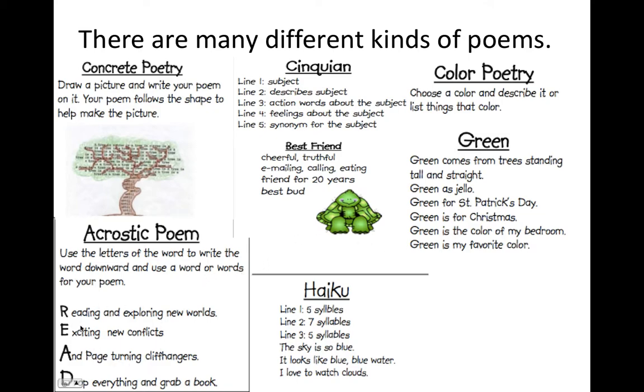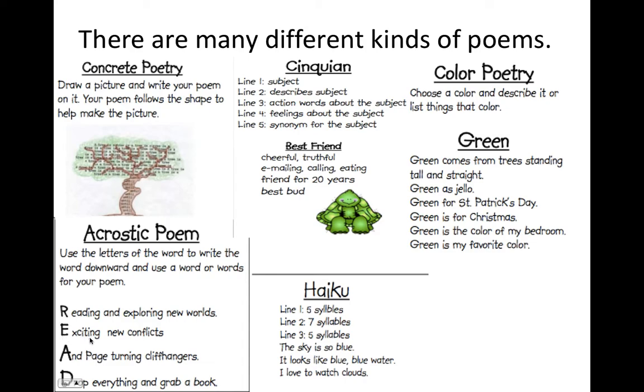An acrostic poem you might be familiar with, because for this kind of poem, you write a word that goes this way, like this one says read. And then for each letter, you have to start a word that begins with that letter. So for example, R is for reading, so we said reading and exploring new worlds.